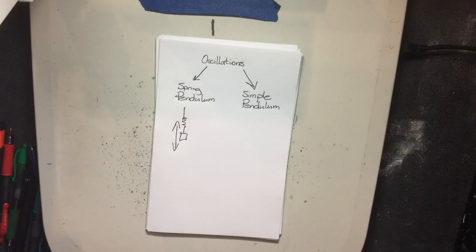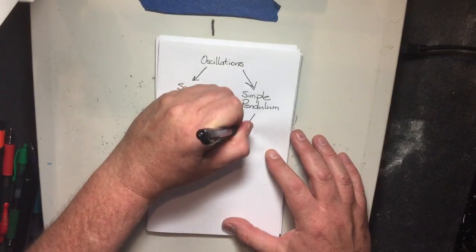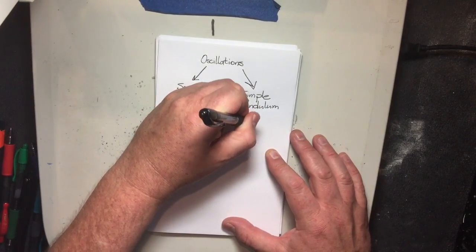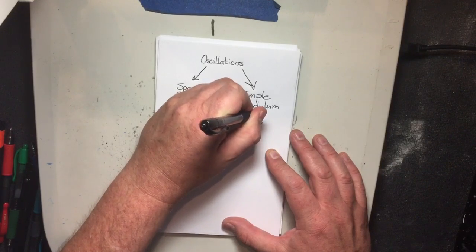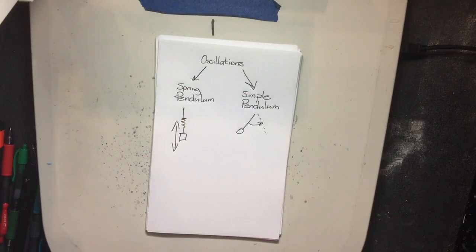A simple pendulum is like a grandfather clock, basically a mass at the end of a long stick that goes back and forth. A person on a swing can also be used as a type of simple pendulum.